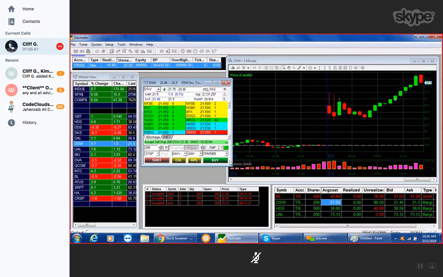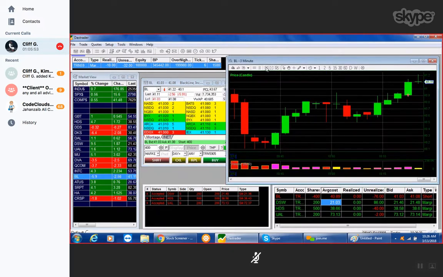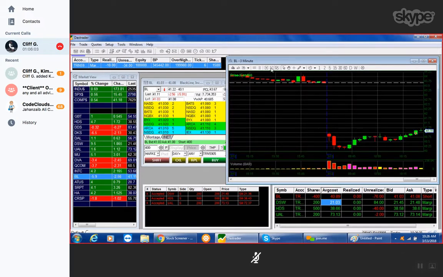Okay, and on this other one, this BL, specifically what I'm looking for here is, I'm wondering if this is just a tail that pops through 41 and takes people out. Sometimes that happens. Sometimes the powers that be take out all the stop losses and then it reverts back down under 41.